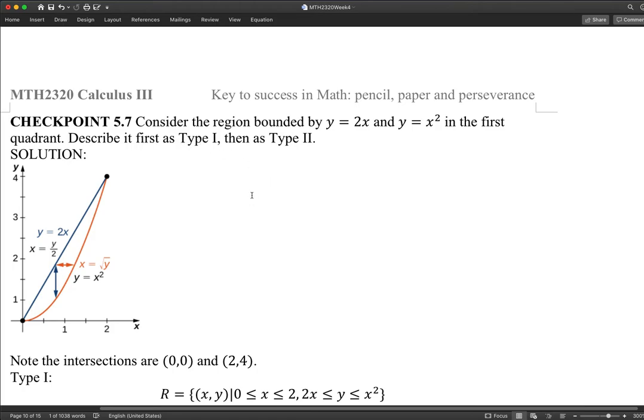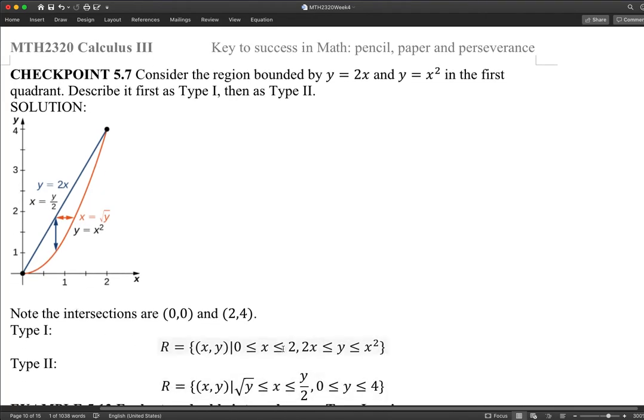Remember in type 1, we said it will have to be bounded by two vertical lines. I think it does fit, x running from 0 to 2. And then the y value is running from the lower orange or brown colored curve in the lower place and the blue line on the top place. So I'm saying y is changing from 2x to x squared. Am I correct?